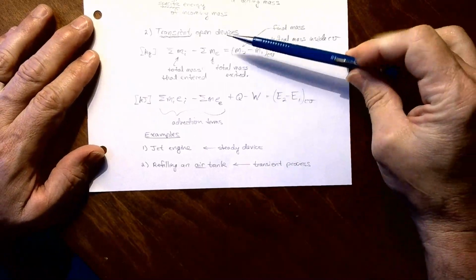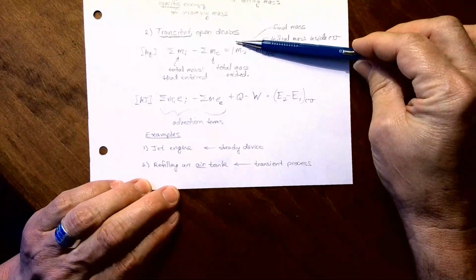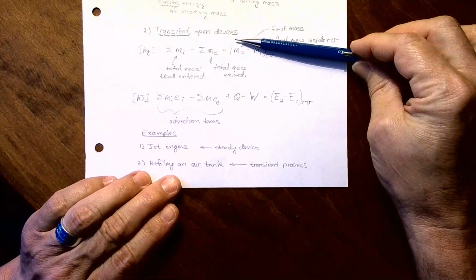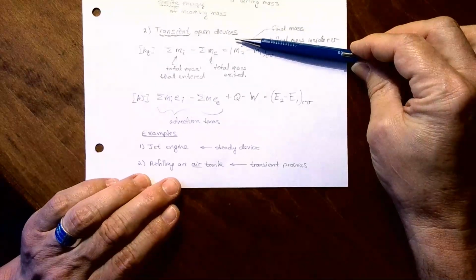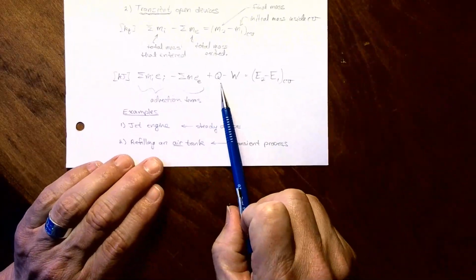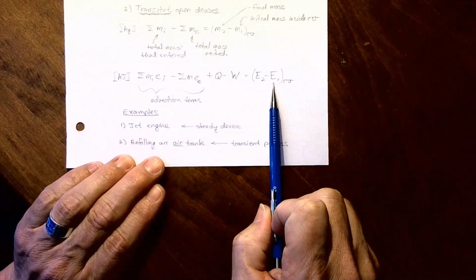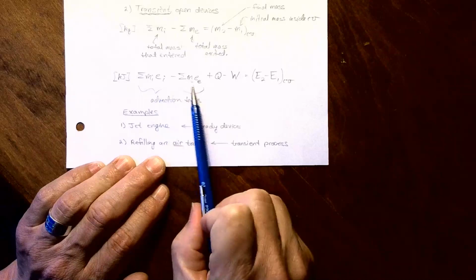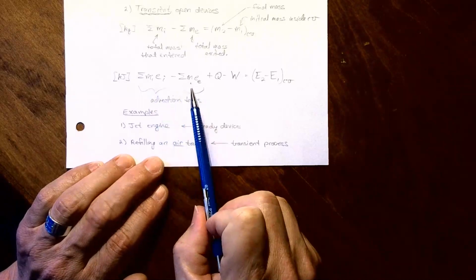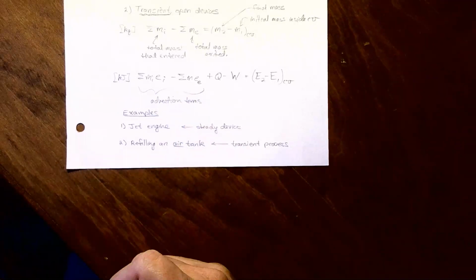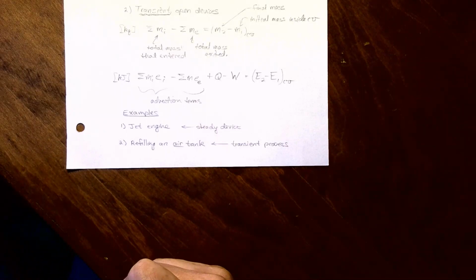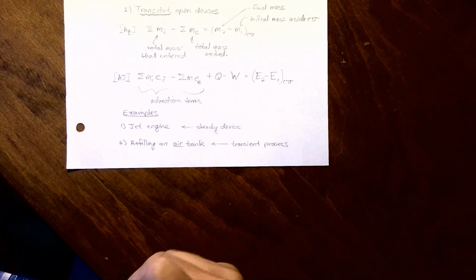So for transient problems, we're going to analyze that much more like closed systems. And so an energy balance is Q minus W equals delta E, just as before for a closed system, except that the mass that has entered or left during the process, during the entire duration of the process, can contribute to adding or removing energy during the process.